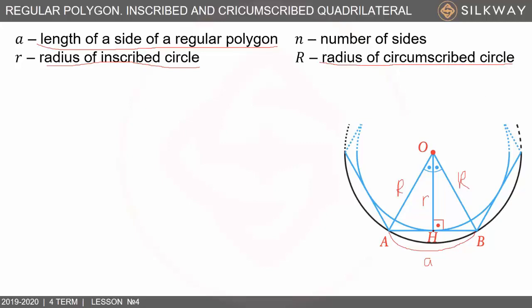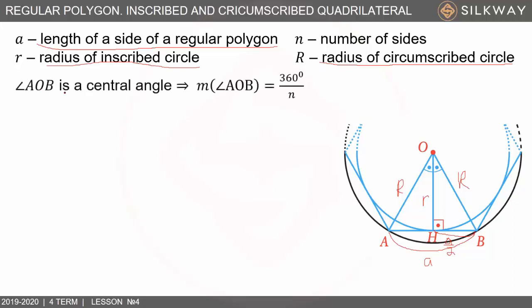And here HB is equal to A over 2. And then angle AOB is the central angle. We know from the last lesson that the measure of the central angle will be equal to 360 degrees over n. Here n is the number of sides.